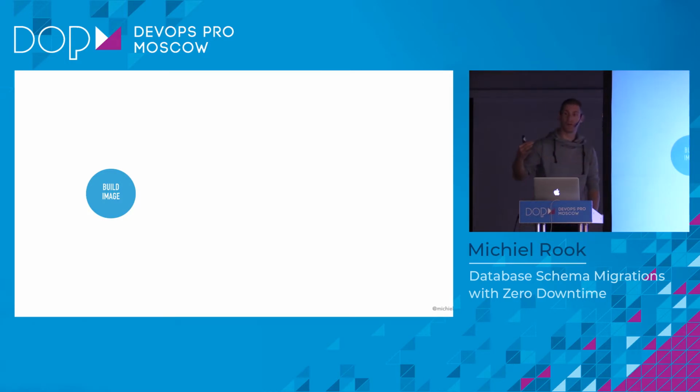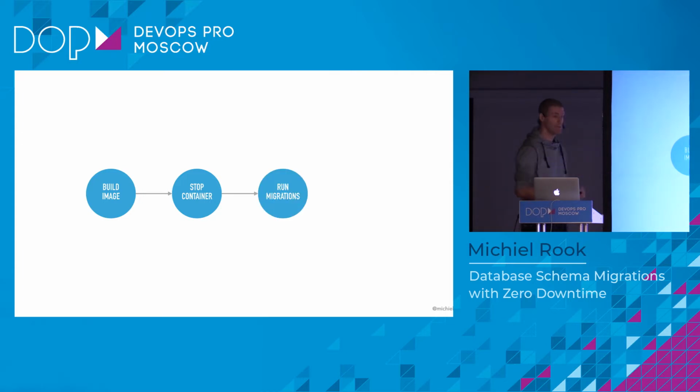So you build your hello world image. This is easy. There are tons of tutorials online on how to do that. And then we stop whatever we have running. So far, so good. Then we run our migrations. So far, so good. And hopefully they all work and they are timely and speedy enough. And then once they're all done, we start the container.